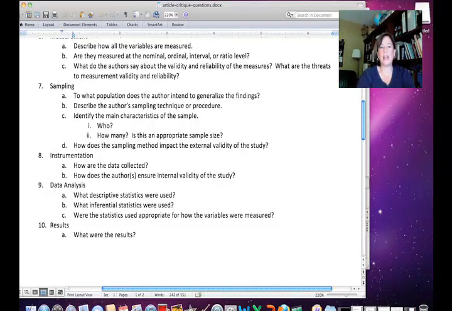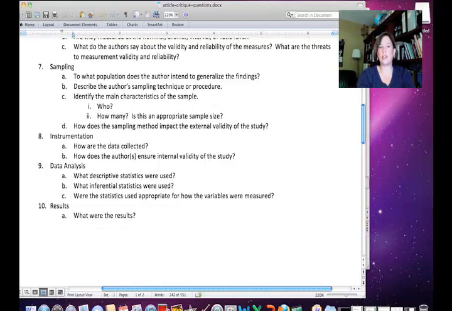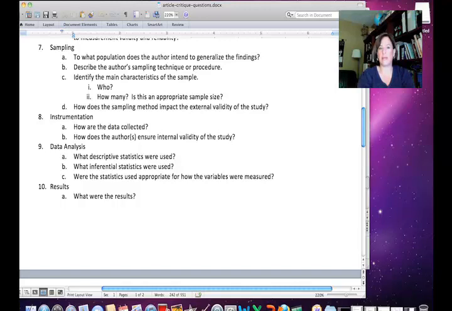You can describe the author's sampling techniques, and you'll be able to do that after the next module in detail. What are the main characteristics of the sample? Who are they? How many are there? How does the sampling methodology impact the reliability and the validity of the study? Recall, external validity is related to generalizability of the results, and that has to do with how the sample is selected.